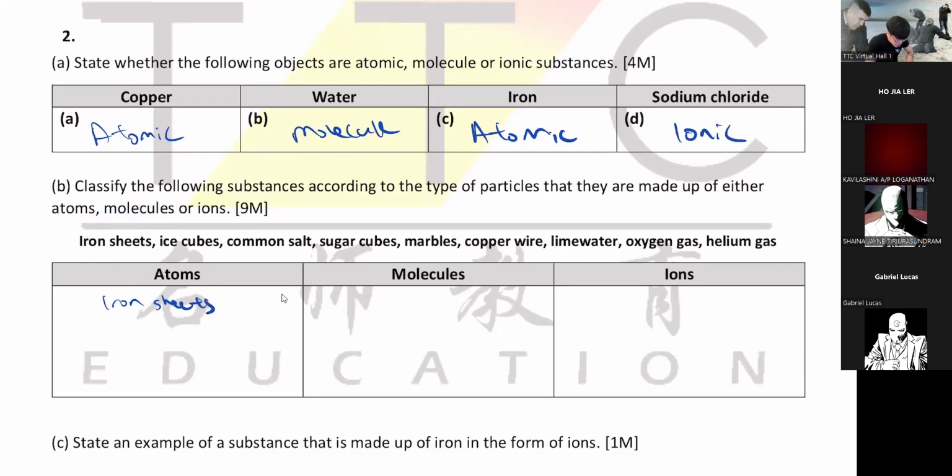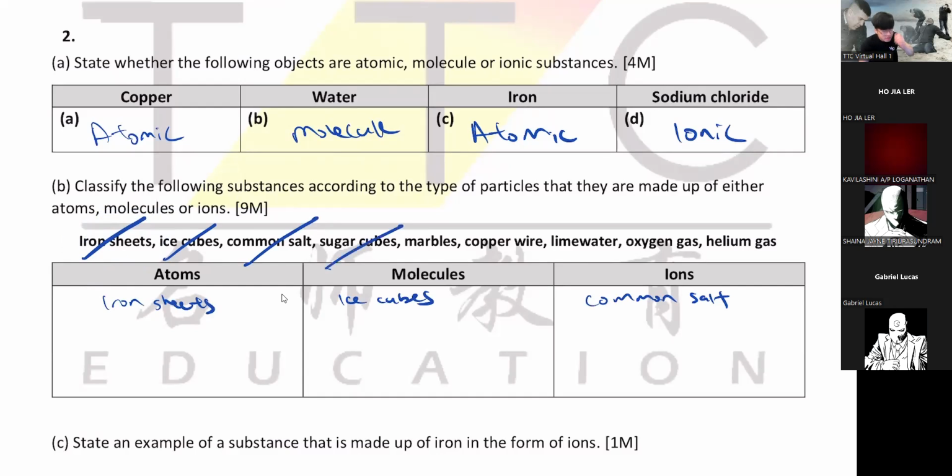All right, the next one, ice cube. Ice cube is the same as water. It is also H2O, so it's a non-metal. It is a molecule. Okay, next, salt. Told you already, salt is ion because it's metal plus non-metal.